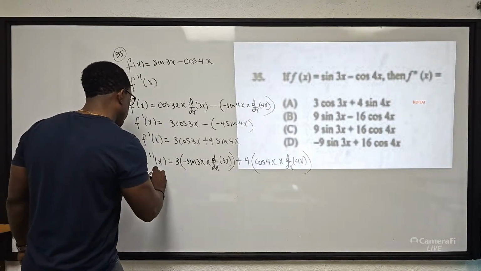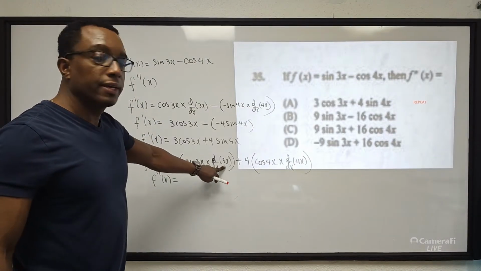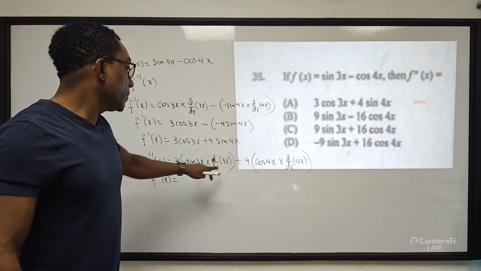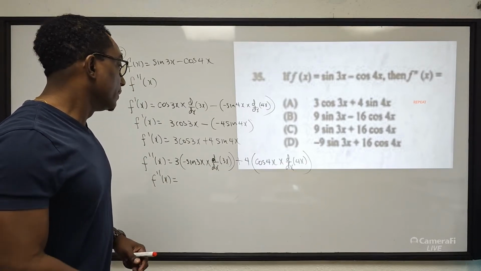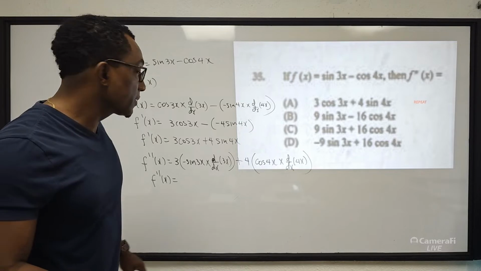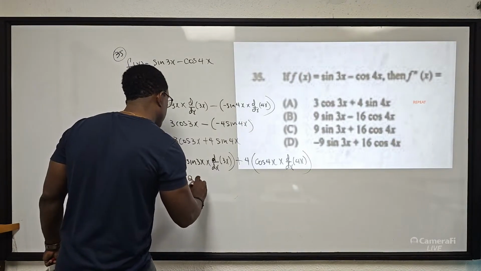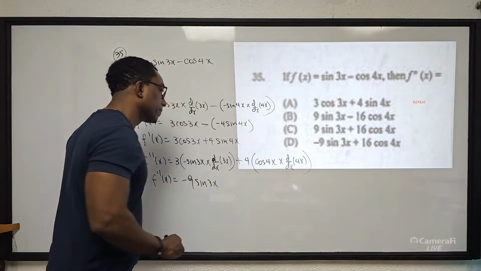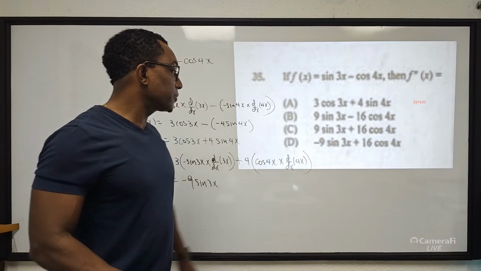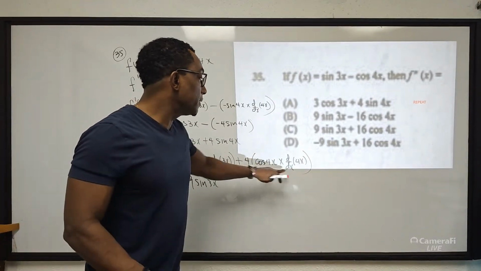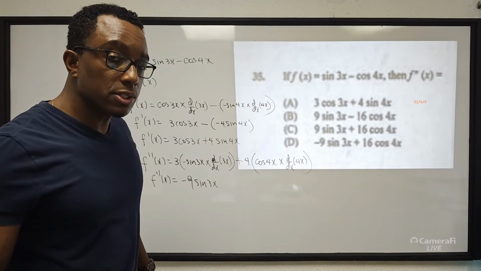So f double prime x will be the differential of 3x is 3. 3 multiplied by negative sine 3x becomes negative 3 sine 3x, and when I multiply that by the 3 outside, it becomes negative 9 sine 3x. The differential of 4x is 4, and 4 multiplied by cos 4x becomes 4 cos 4x.